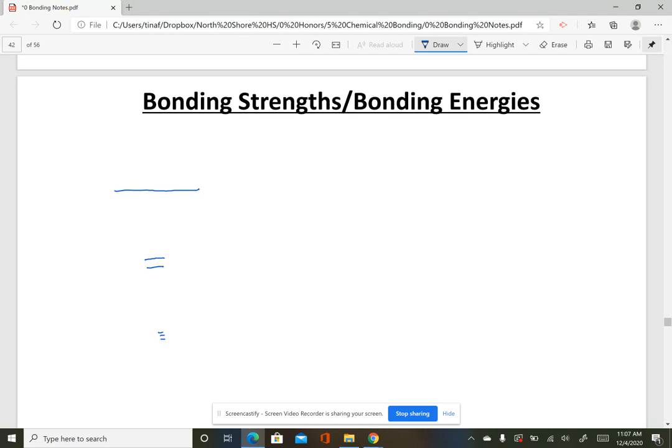Single bonds are long and they're actually the weakest. As you move towards a triple bond, you become stronger. So the bond gets shorter, the atoms are closer together, and the bond is stronger.